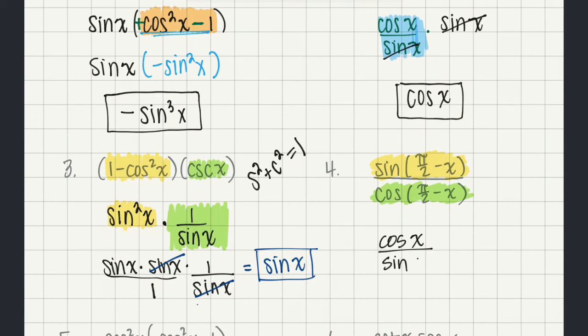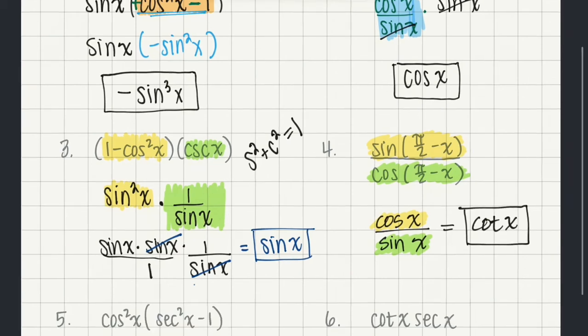And the cosine of pi over 2 minus x is the same as the sine of x. So I'm going to use my highlighter to show that. The yellow simplifies to be the yellow, and the green simplifies to be the green. And we know, again, using our flashcards, that cosine over sine, you got it, is cotangent of x.